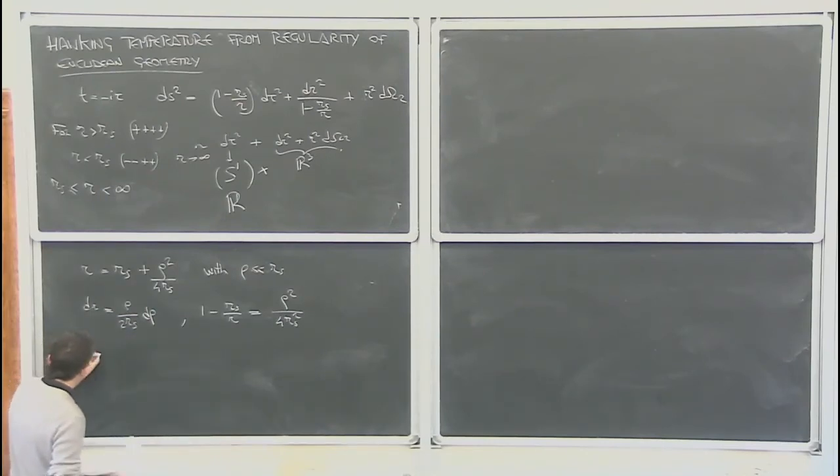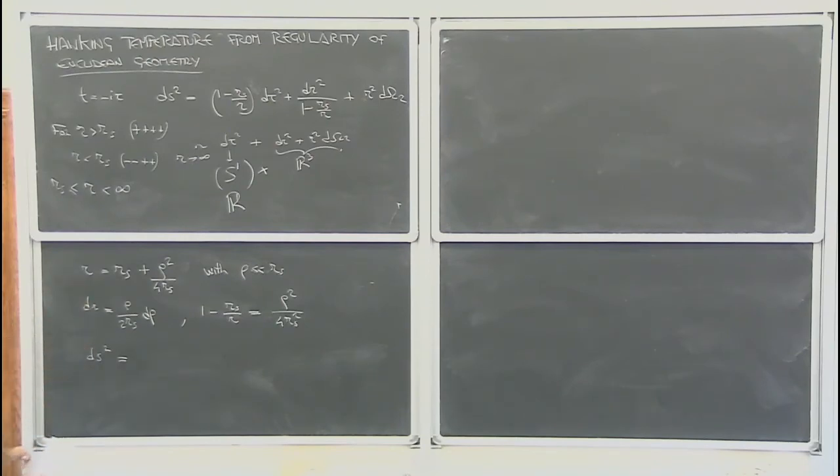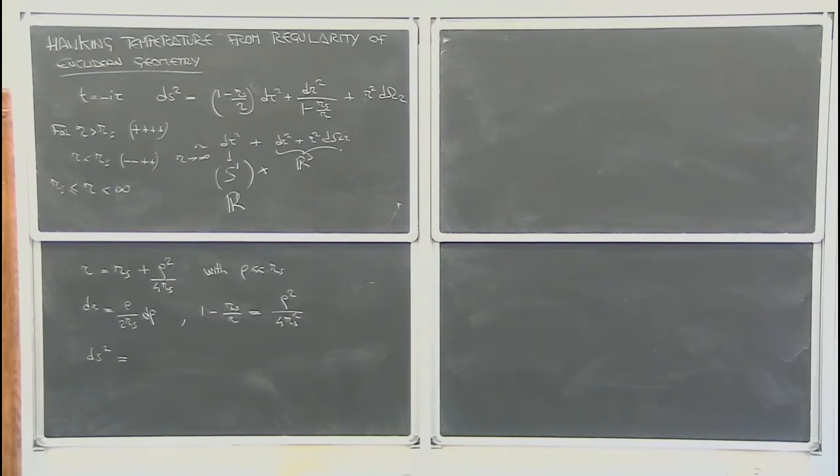So I can write the metric at leading order in this rho expansion. Think about rho as a small parameter. I can expand all the functions that I have, and I replace dr with d rho. Yes, it's missing plus dot dot dot.